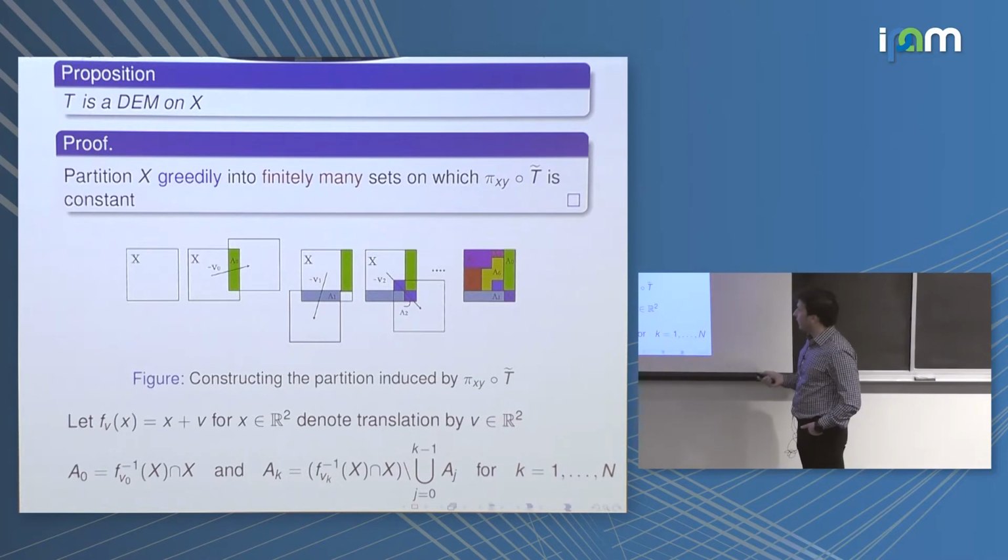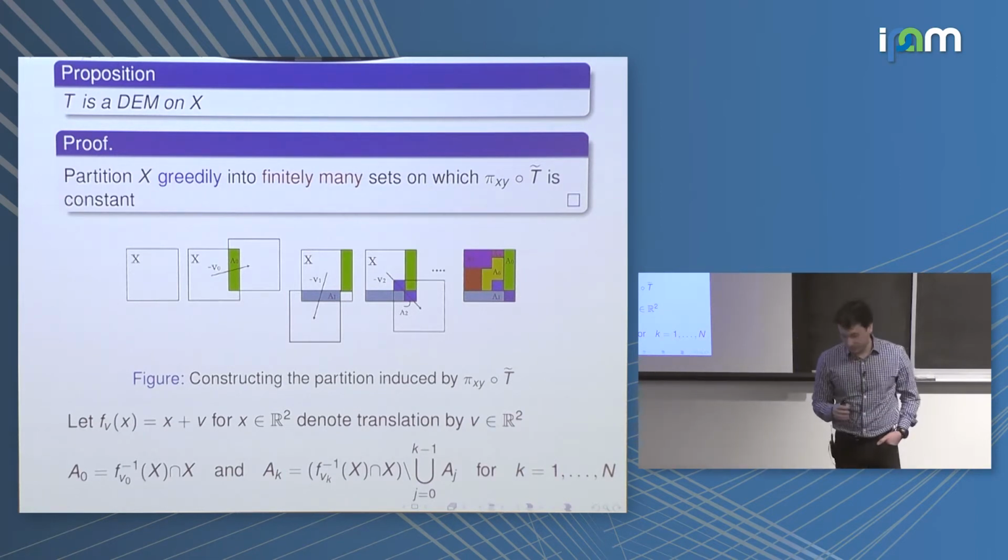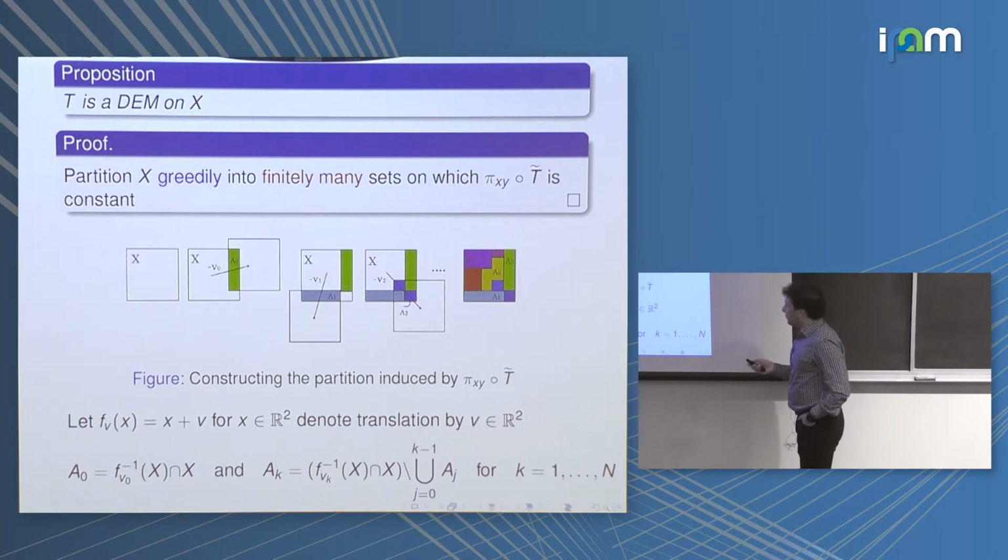So you translate by the next vector, which is negative v1, and you intersect with your original domain X. You get this light blue region. That will be rectangle A1. And you just keep going. There's some issue which can occur, as you see in this next picture, where we've translated by negative v2.